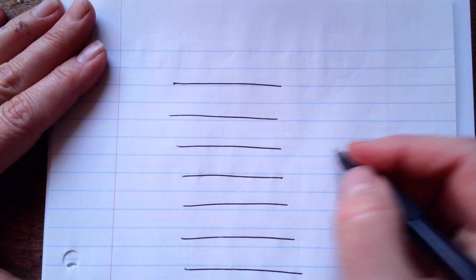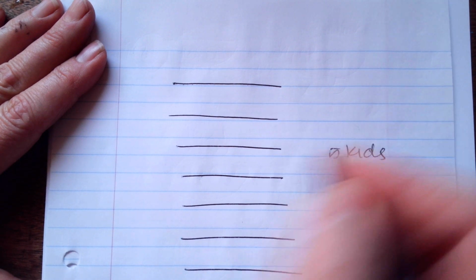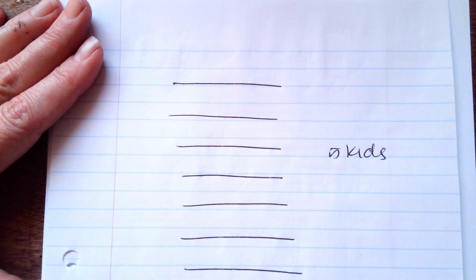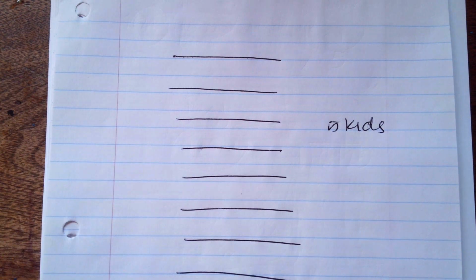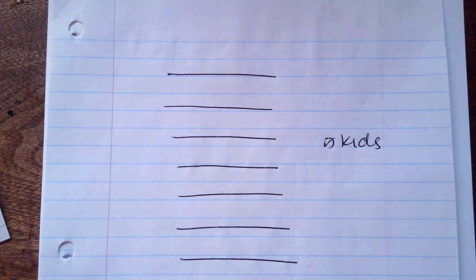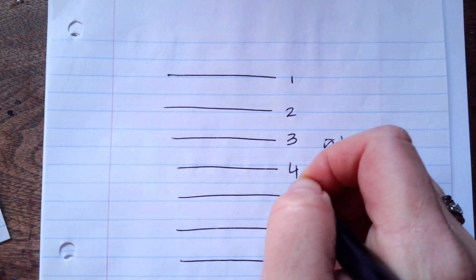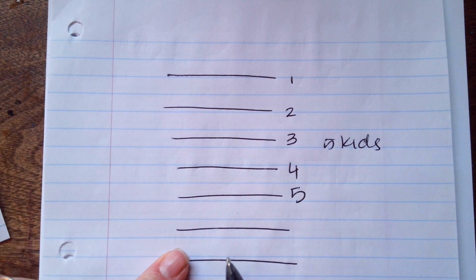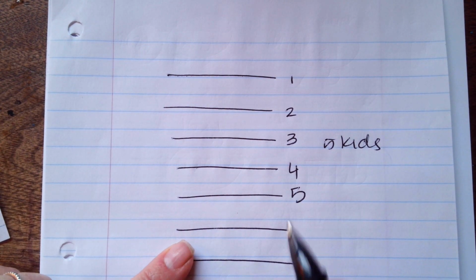And there's 5 kids. Okay. So kid 1 gets a whole piece, kid 2, kid 3, kid 4, kid 5. Now we split. I know you can't see it, but you can stop sharing and then you'll be able to see it.